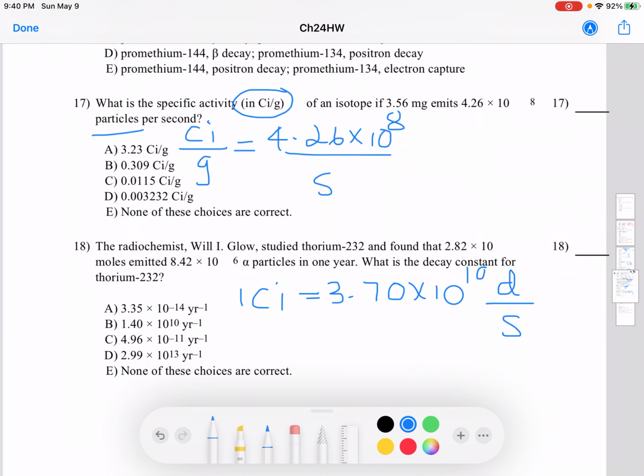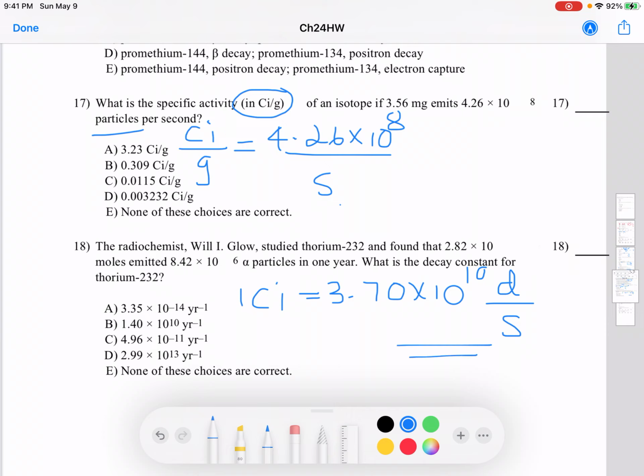Okay, and you start with what is given, which is the number of particles, 4.26 times 10 to the power 8 particles per second. Then we are going to convert this with the given unit using this one over here.